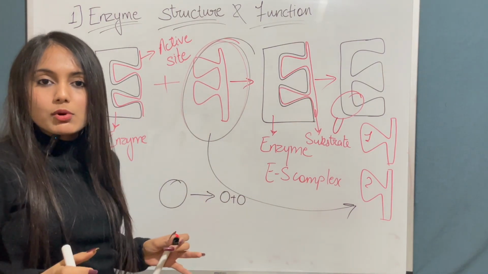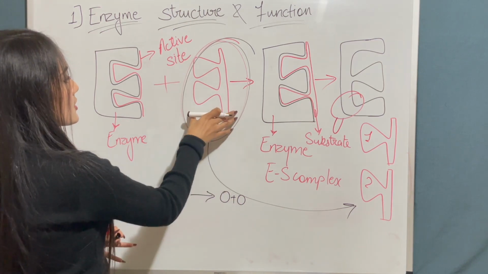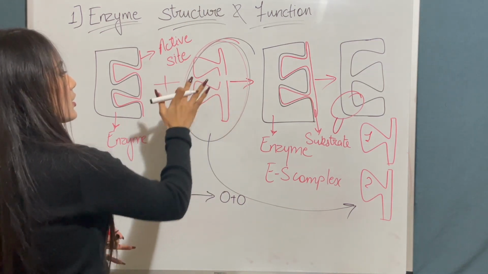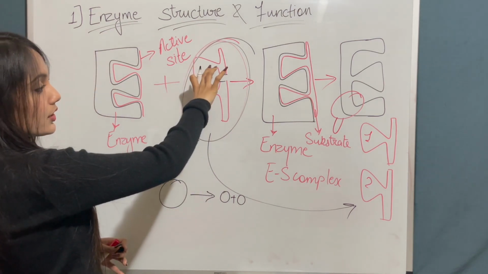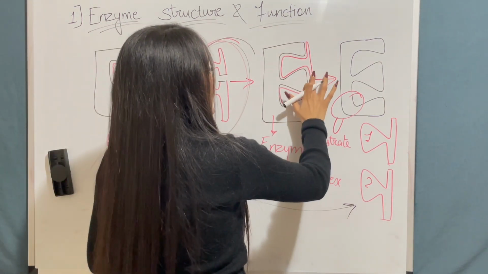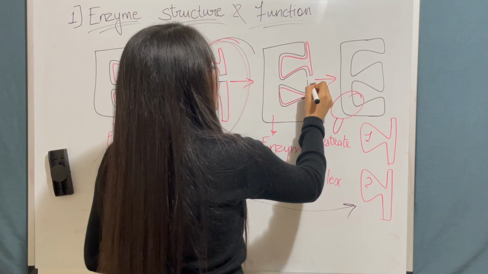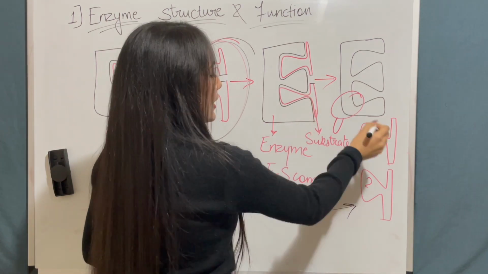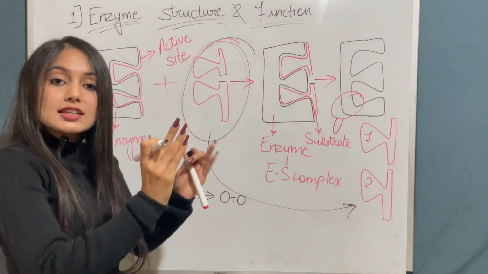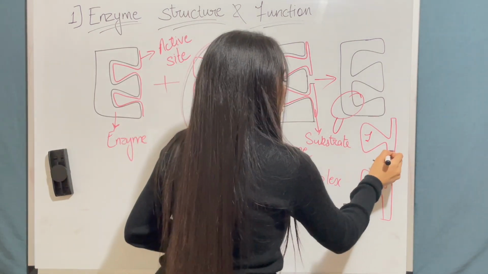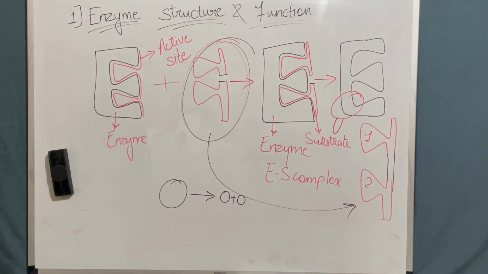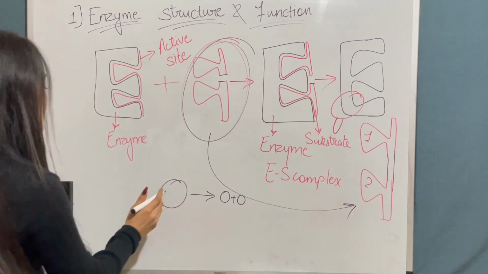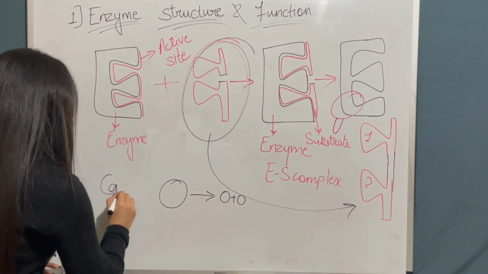So what happens in an anabolic reaction? This substrate would be like this. 2 different substrates combine this way, and then finally form a single product. Do you understand the difference? As you can see, this is a catabolic reaction.